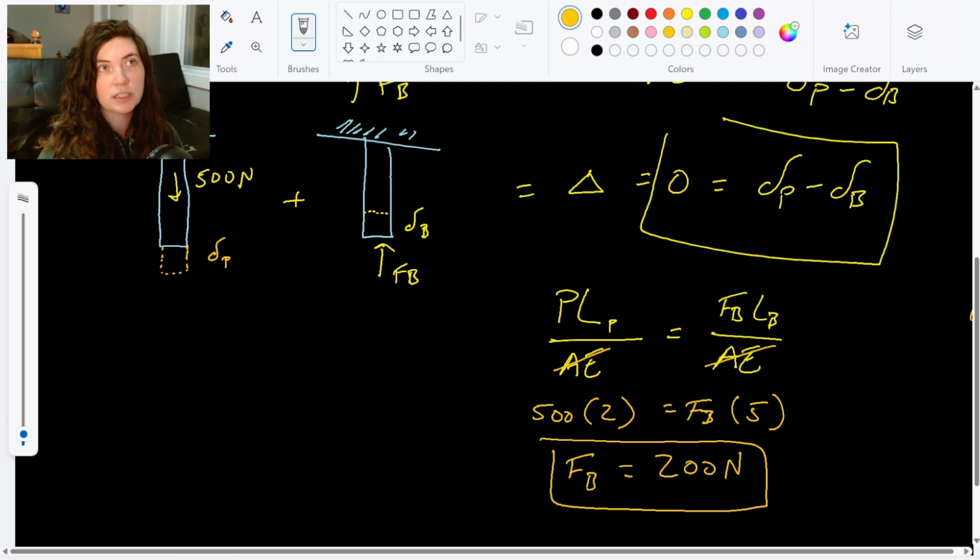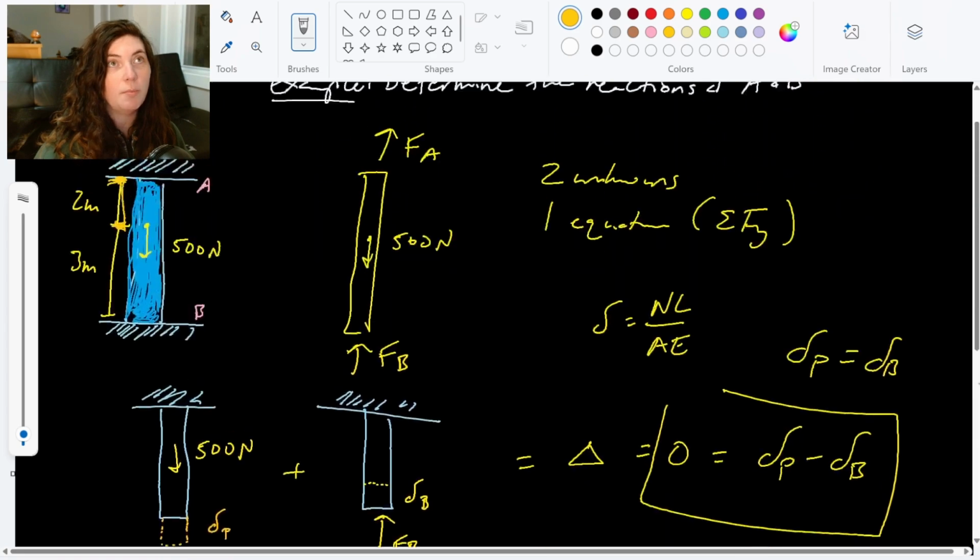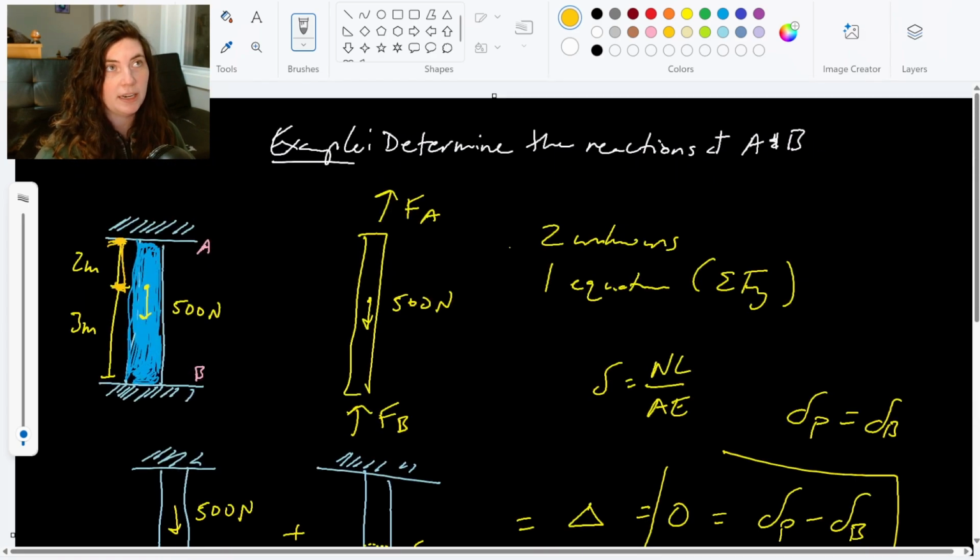Now that we have FB, we can come back to our free body diagram that we made here at the beginning and write out our equilibrium equation. Sum of our y forces equals 0. So FA plus FB minus 500 equals 0.